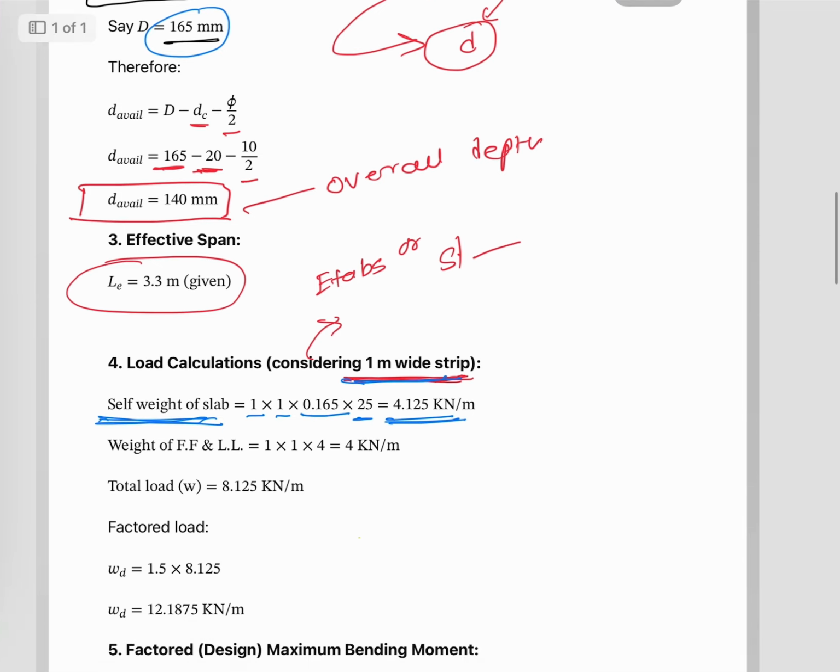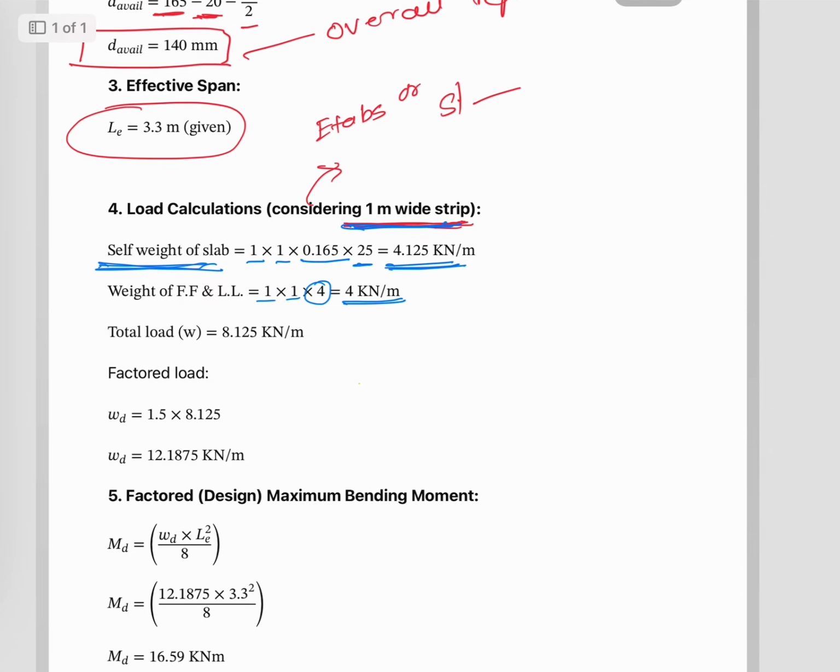Now the weight of floor finish and live load. We already have 4 kilonewton per meter as a superimposed load for the 1 by 1 meter wide strip. So it is 4 kilonewton per meter. So what would be the factored load? The addition of 4.125 plus 4 is 8.125 kilonewton per meter, and we multiply this by 1.5.